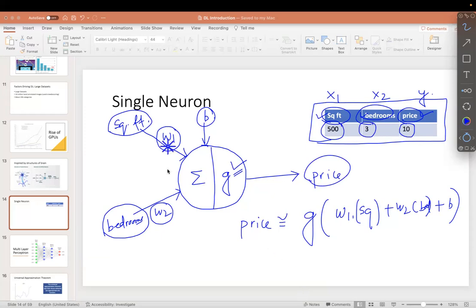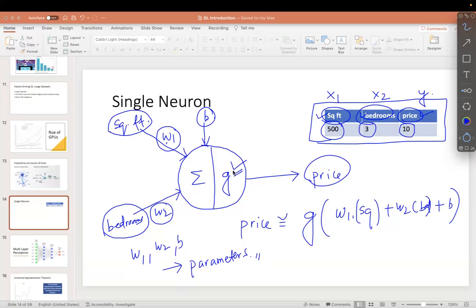So that's why these are estimated. W1, W2, and B are nothing but your parameters. Of course, this looks very, very similar to your regression model, isn't it?